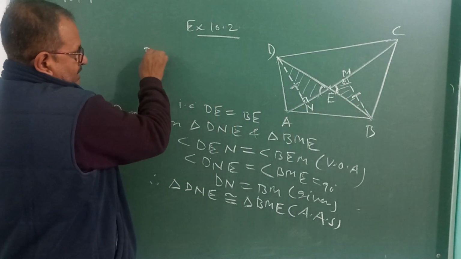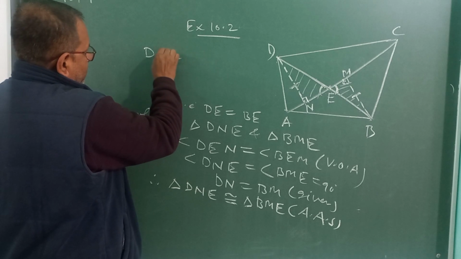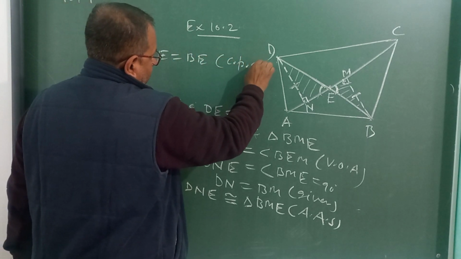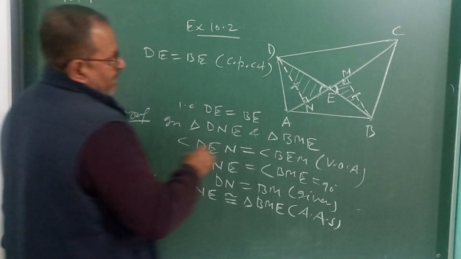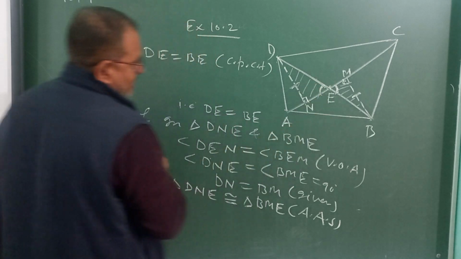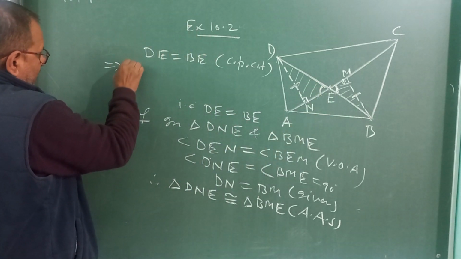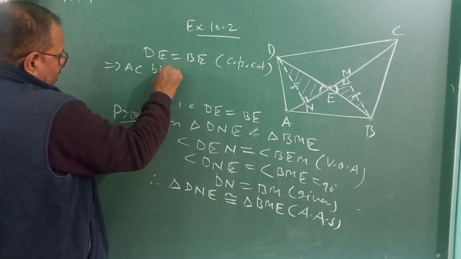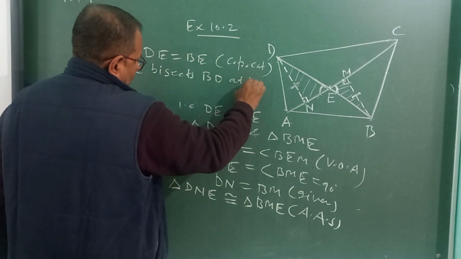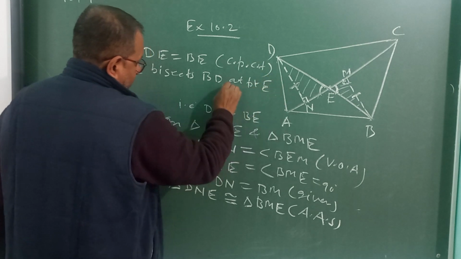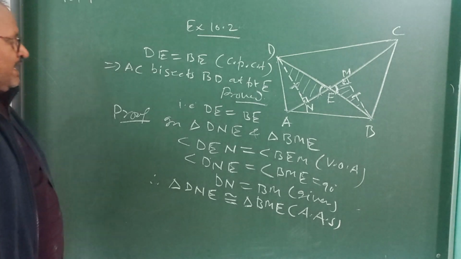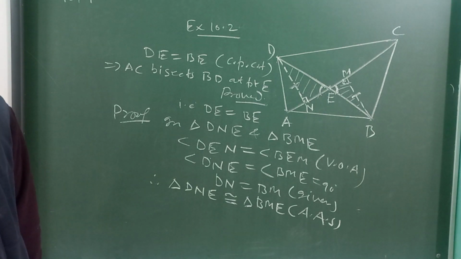So we can write DE is equal to BE, corresponding parts of congruent triangles. And when DE is equal to BE, we can say that AC bisects BD at point E. We had to prove this statement.